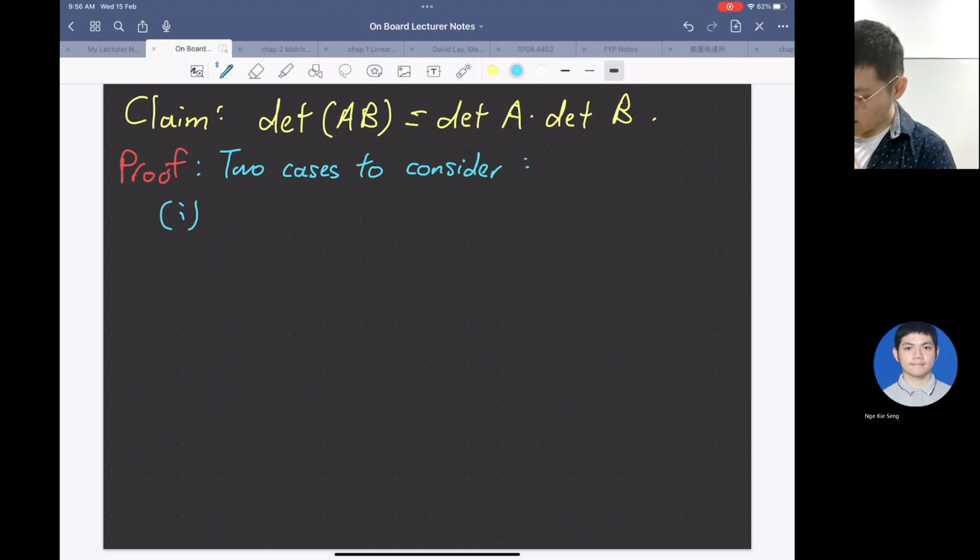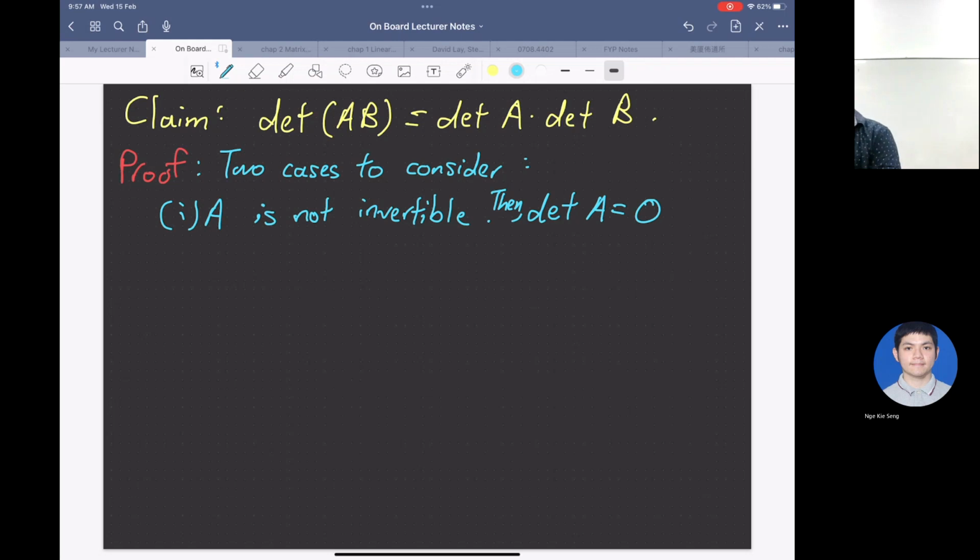So one case is A is not invertible. Just now we know that if it is not invertible, that means the determinant of A is 0, because A is invertible if and only if the determinant is non-zero. So if A is not invertible, then AB is also not invertible.